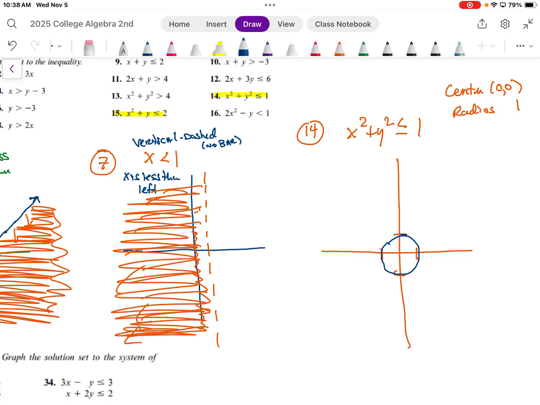A circle will always have a plus sign in front of the y. So we should be able to distinguish here and say solid line, shade inside circle.